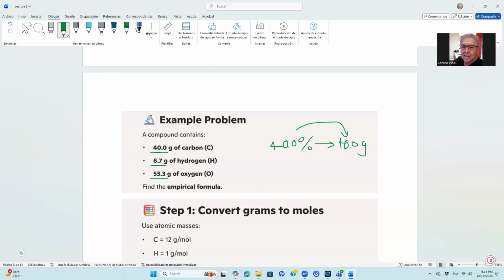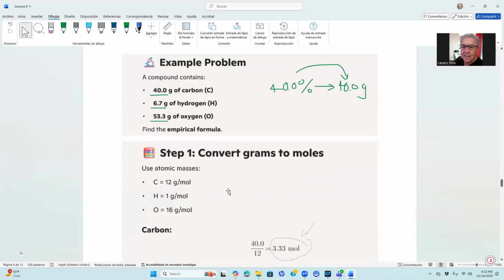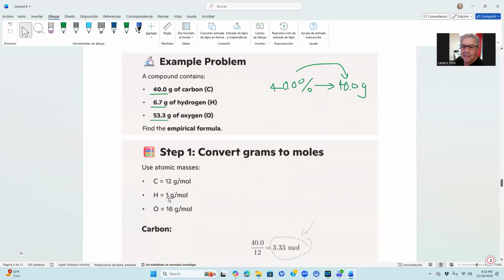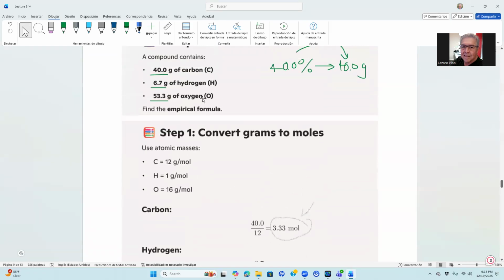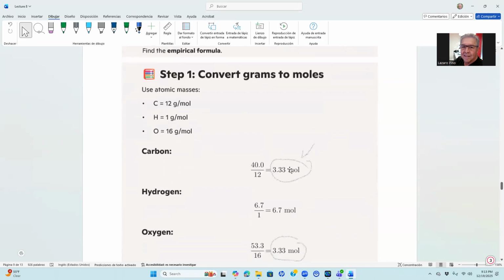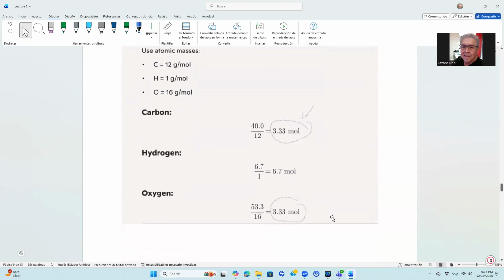After that, what you're supposed to do? Well, you take into account the atomic masses of each of the elements, and then you divide the mass that is given by the atomic mass in the periodic table, and you get the moles of each element in the compound. And then you choose the smallest.